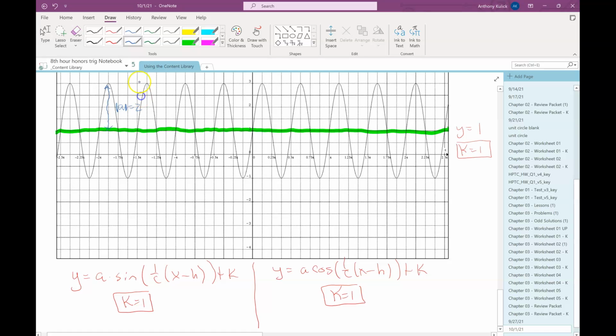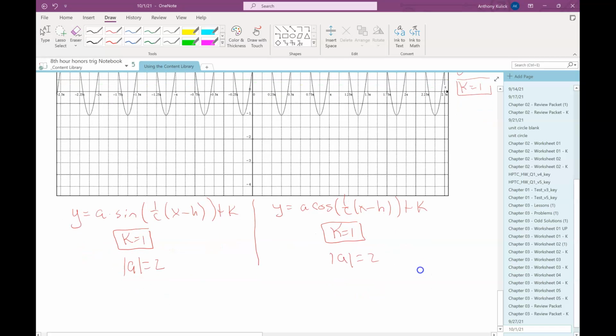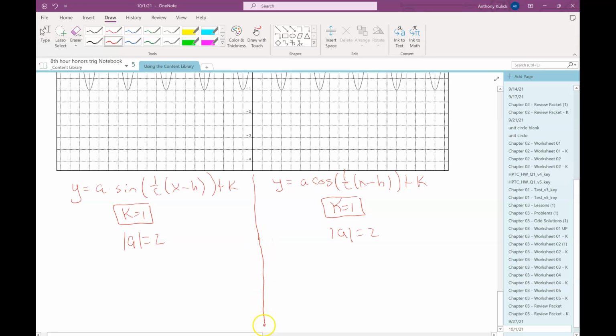No. That's okay. And the nice part about the amplitude is that it's going to be the same regardless. However, notice that the amplitude is not A, it's the absolute value of A. And it's very possible that one of these could be negative and the other one could be positive.